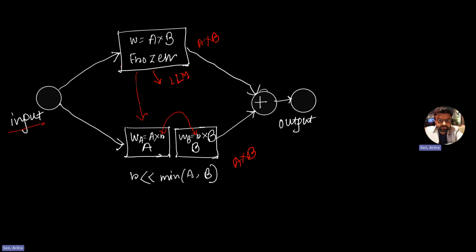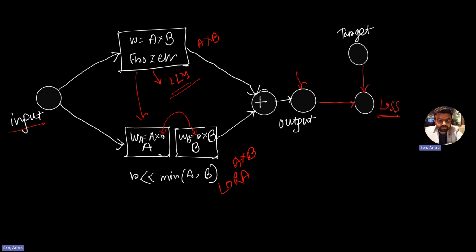So we pass the input data through my foundation LLM model, and also through this LoRA representation. In the end, we add back these two and we get the output. Once we have the output, we can compare this with the target variable and calculate the loss. Using this loss, we will not touch the pre-trained weight matrices, we will not touch W, but we will only touch WA and WB.